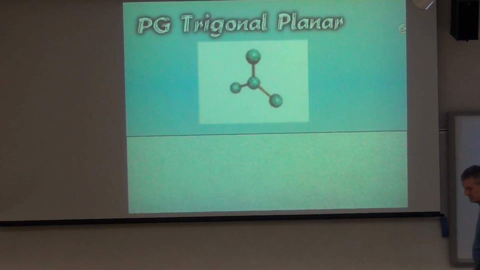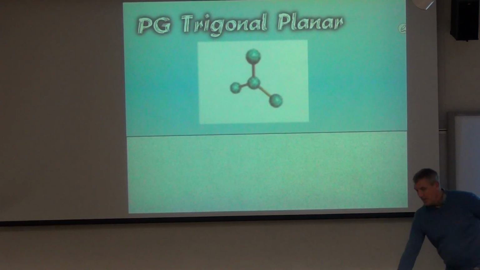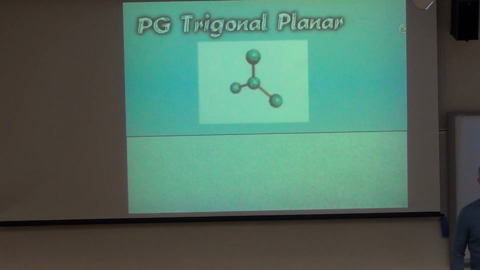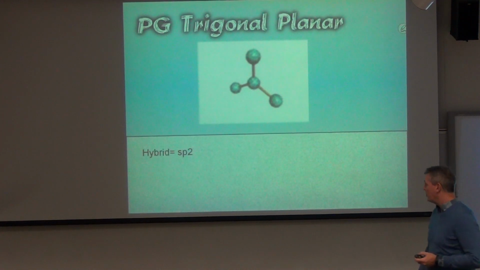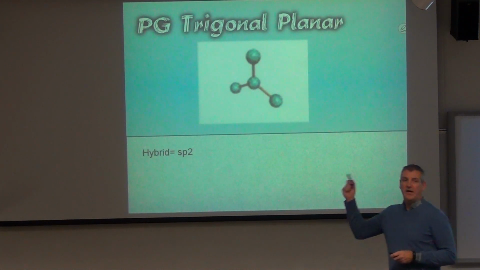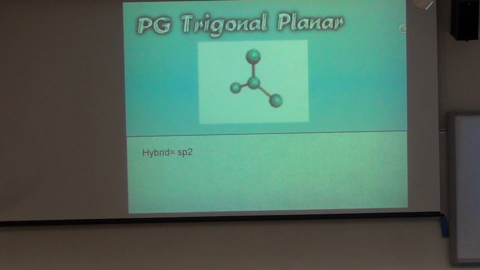So this one also is going to be the easy one to draw. Our previous hybrid was one s orbital combined with one p orbital. When we had another bonding pair, we introduce another p orbital. So now our hybrid is going to be sp2.